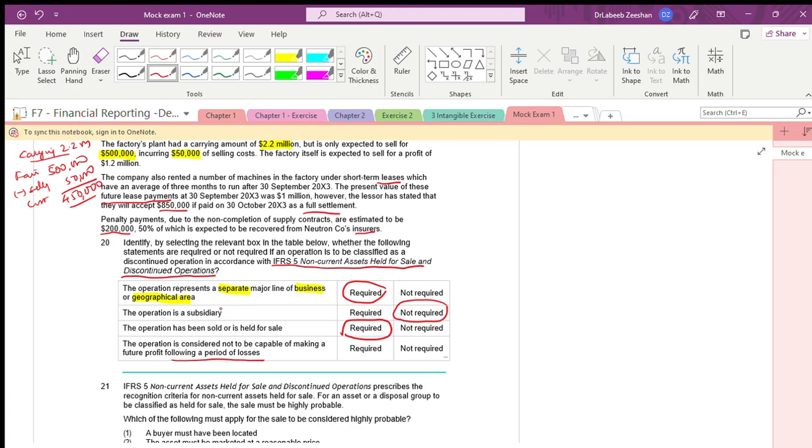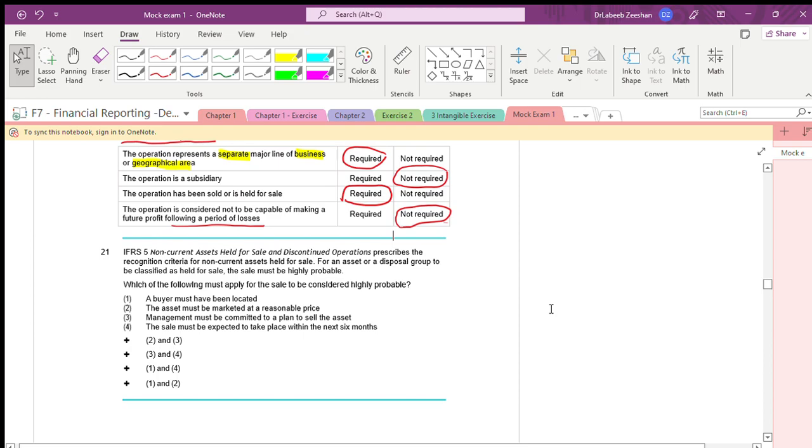They think that in future there will not be any profits. Not required. There is no such condition, because you are selling a non-performing unit and somebody will buy it and convert it into a cash generating unit.